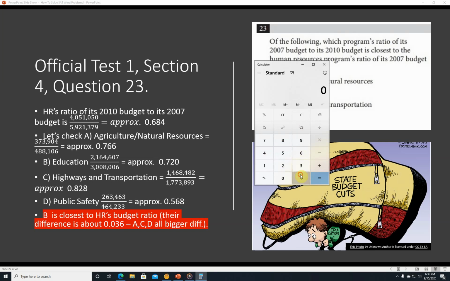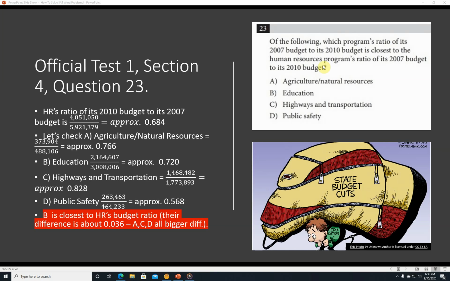And then you're going to have 0.684 minus 0.568. So it's going to be 0.116. So we can see all those other differences are larger, therefore cannot be the closest.